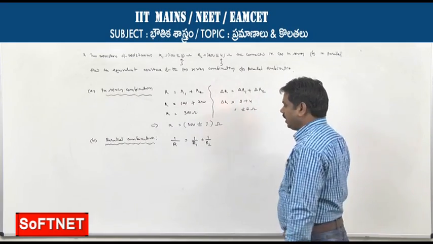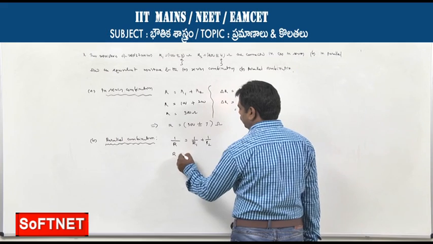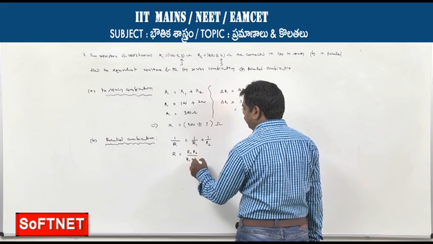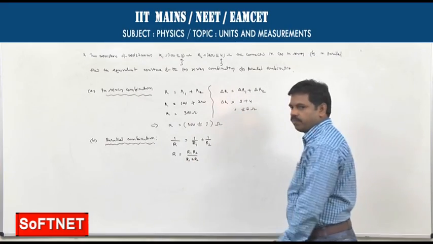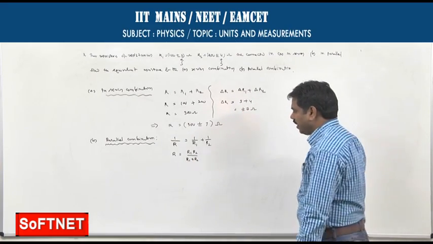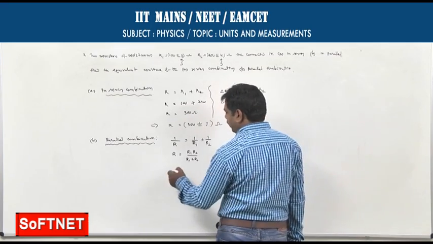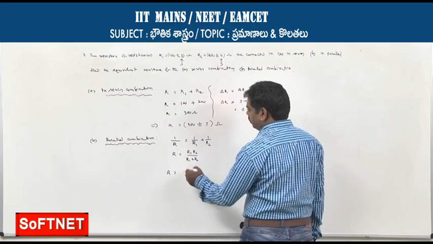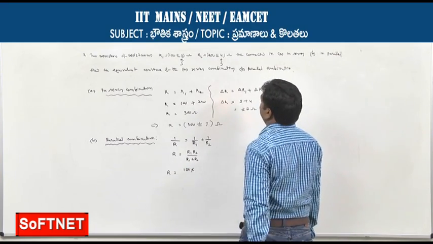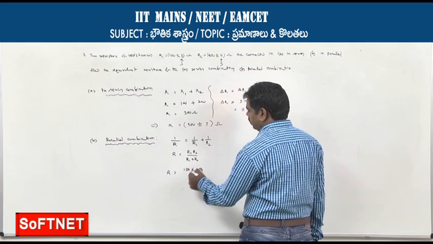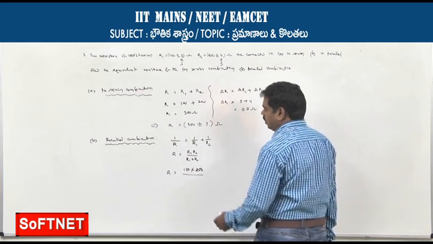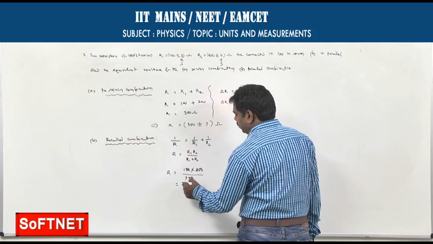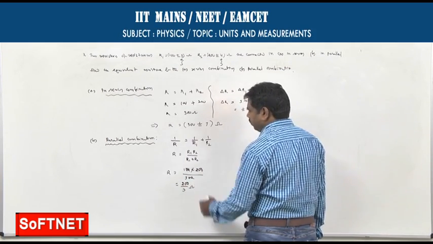Or I can write R is equal to R1 R2 by R1 plus R2. So before finding the delta R value, first of all let us find out the R value. R is equal to R1, given as 100 ohms, times R2, given as 200 ohms, by R1 plus R2, that is 300. So that is equal to 200 by 3 ohms.